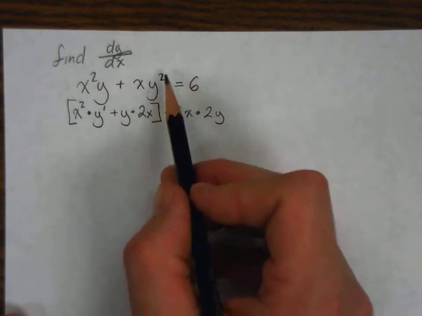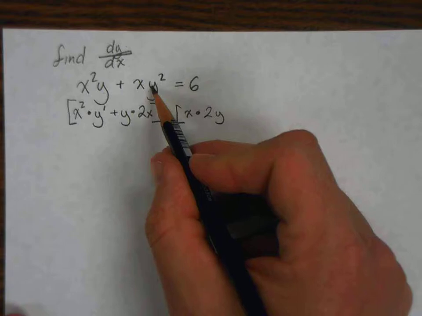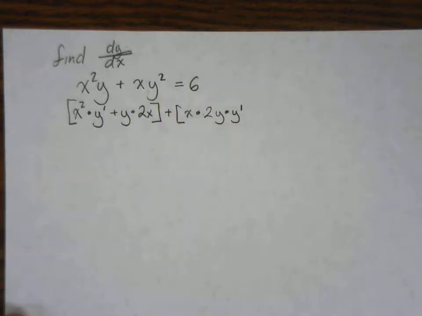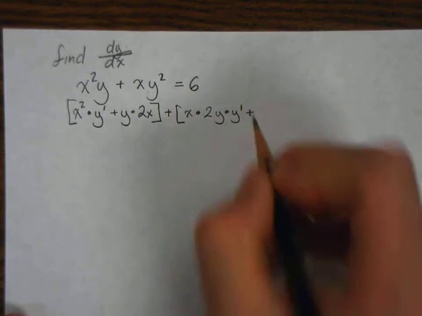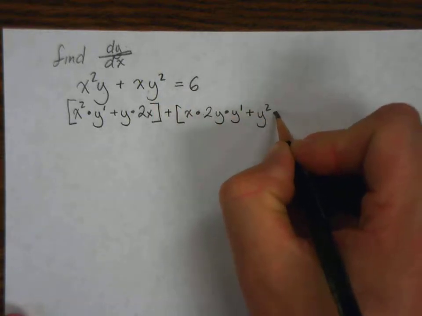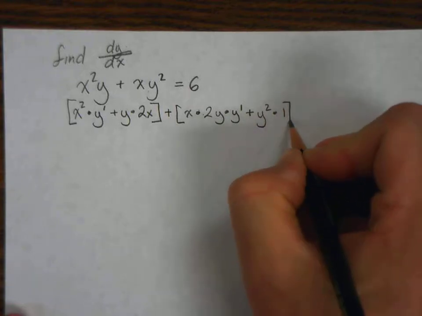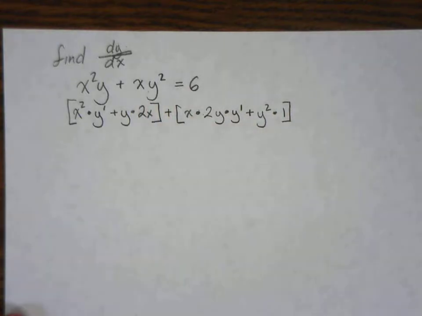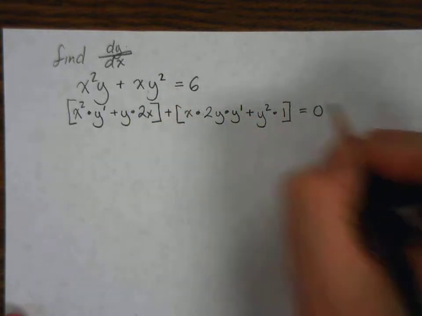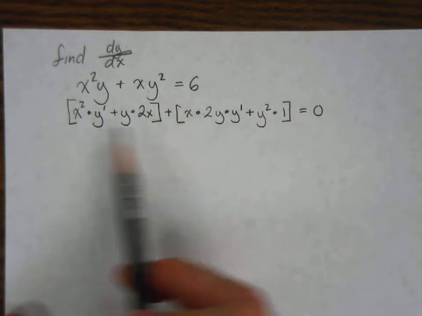So I have that function squared, so the derivative of y squared is 2y, chain rule, times y prime. Plus my second function, y squared, times the derivative of my first function. Well, the derivative of x with respect to x is 1. The derivative of 6 is 0. You don't really need these brackets, but I think it helps.